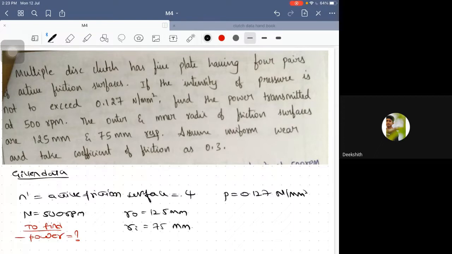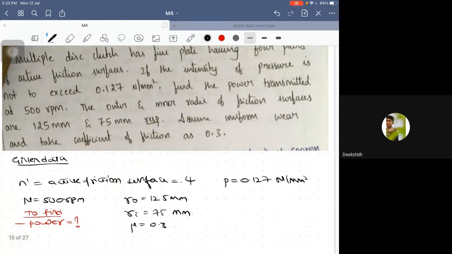Okay, and the value of mu, the coefficient of friction, is 0.3. He says assume uniform wear, so this particular power has to be calculated based on uniform wear. So this is the question.